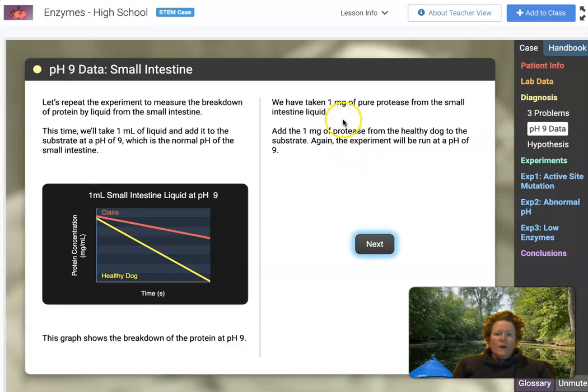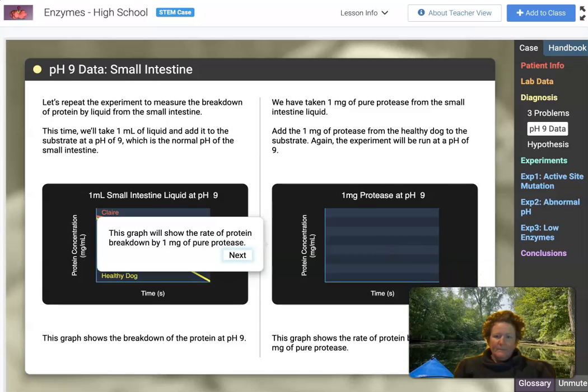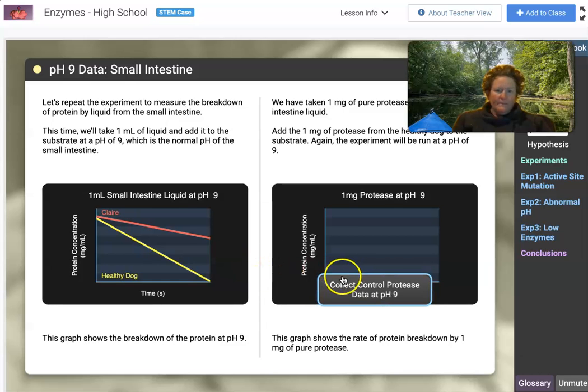We have taken 1 milligram of pure protease from the small intestine liquid. Add the 1 milligram of protease from the healthy dog to the substrate. Again, the experiment will be run at a pH of 9. So here's a healthy dog, and here's Claire.